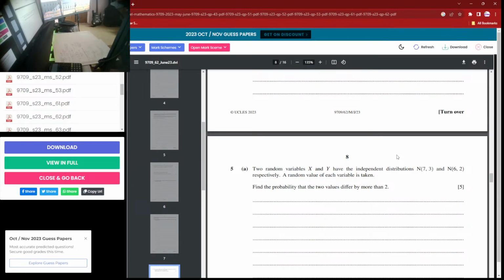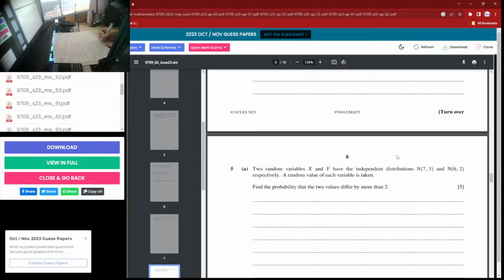Okay, it's a difference by more than 2, so anyway it goes, so it's minus. So you get 7 minus 6, which equals 1. And for the other one, we'll have 3 plus 2. Since it's already squared, we don't have to square it again, since it's variance. So the variance of X minus Y is 3 plus 2, which is 5.